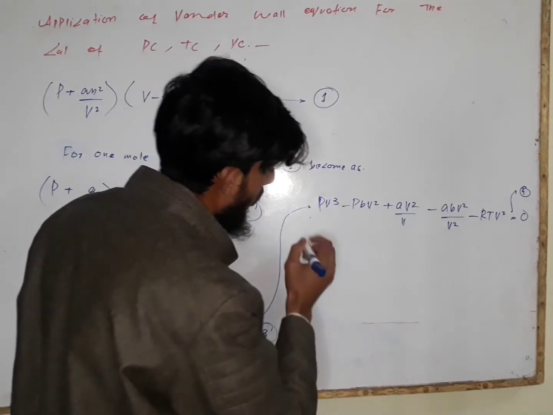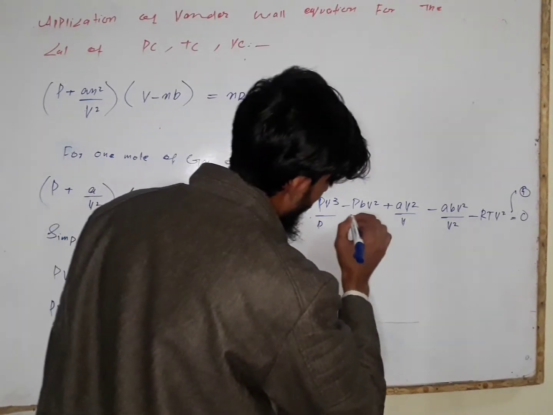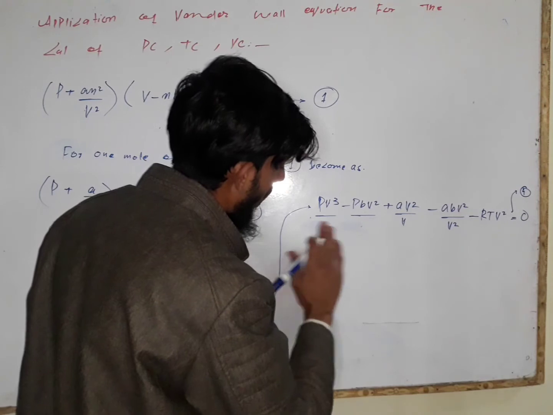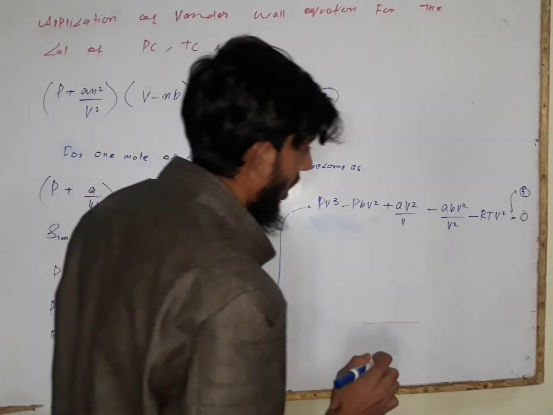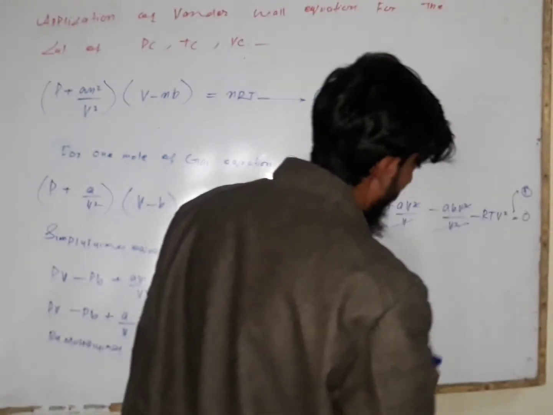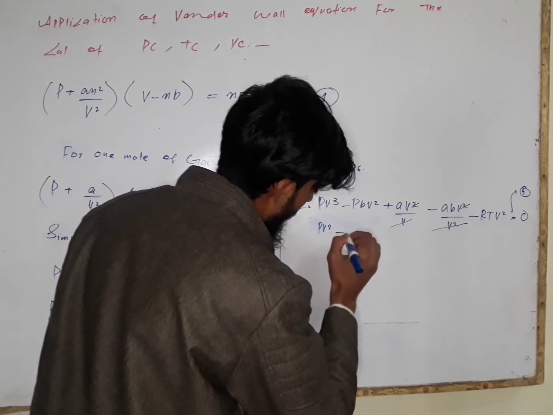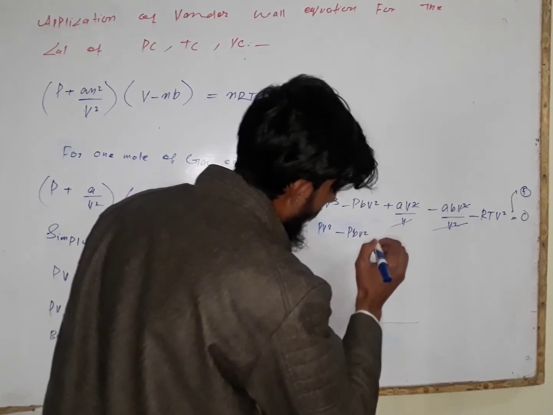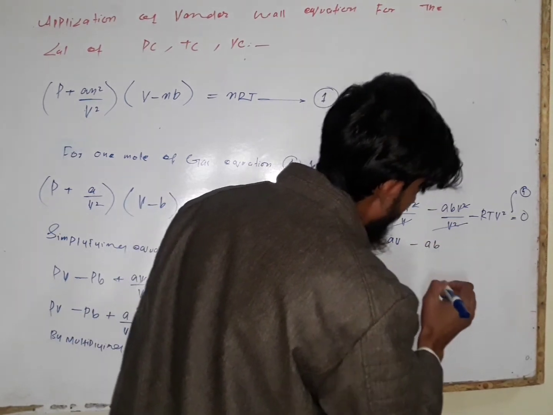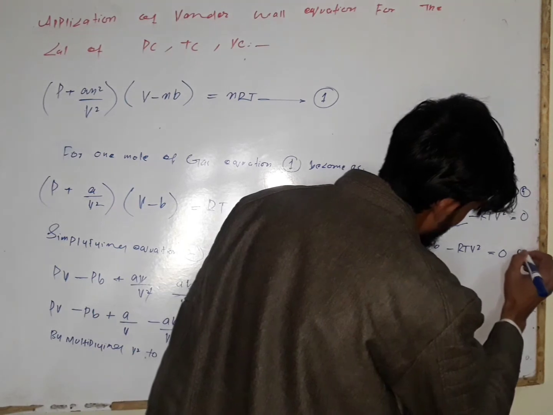So first of all I will simplify this equation, then I will divide by P. We will cancel V squared with the V squared here, so this becomes PV cubed minus PbV squared plus aV minus ab minus RT V squared is equal to 0, and this becomes equation 5.